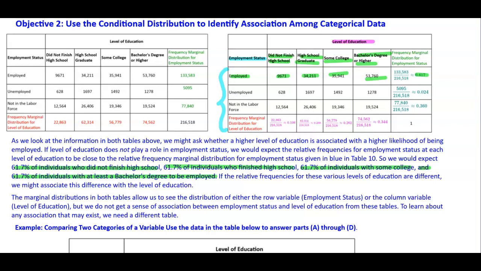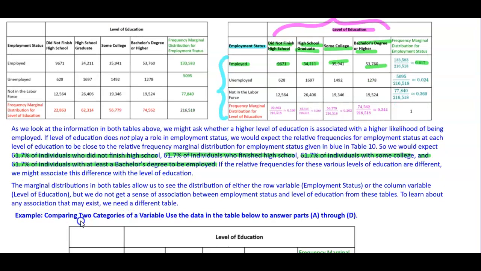So the column variable would be each of these columns. But we do not get a sense of association between employment status and level of education from these tables. To learn about any association that may exist, we need a different table.